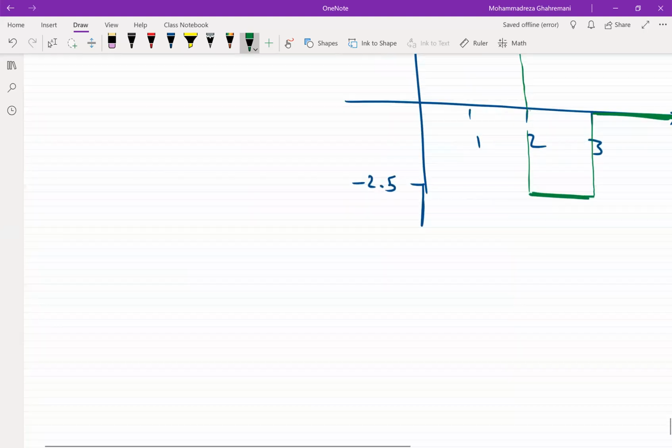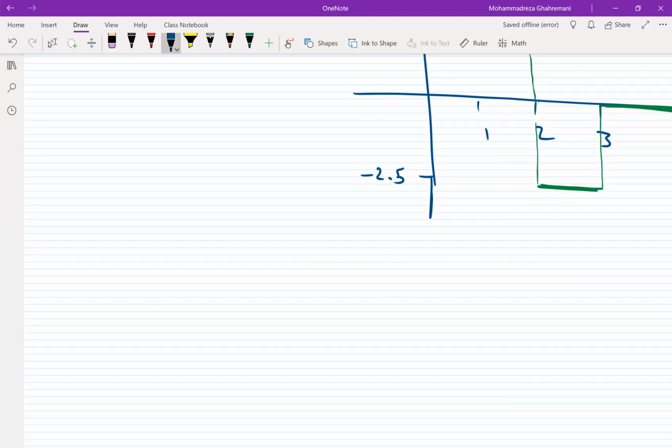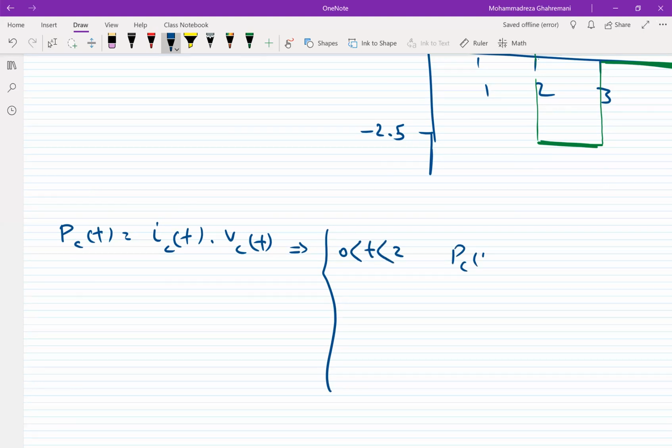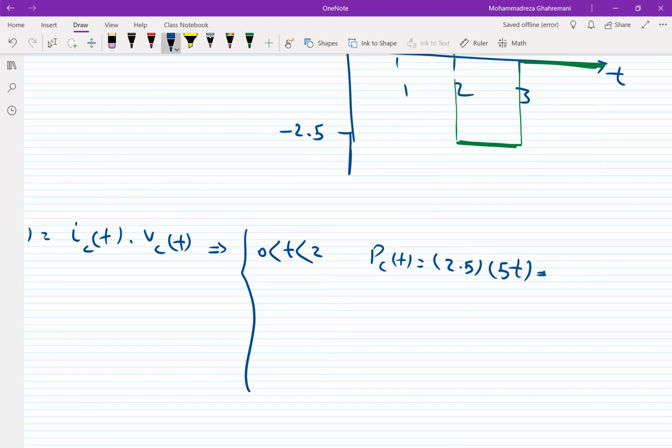Of course, we know that power is equal to current multiplied by voltage. If we multiply current and voltage for t greater than 0, less than 2, the power will be equal to 2.5 times 5t, which is equal to 12.5 t milliwatt.